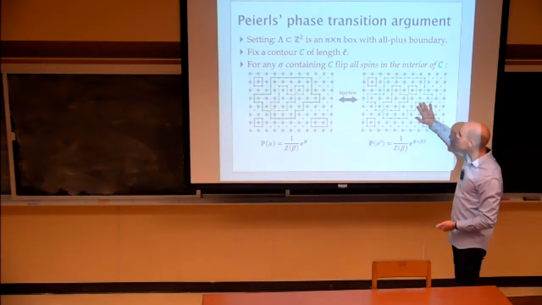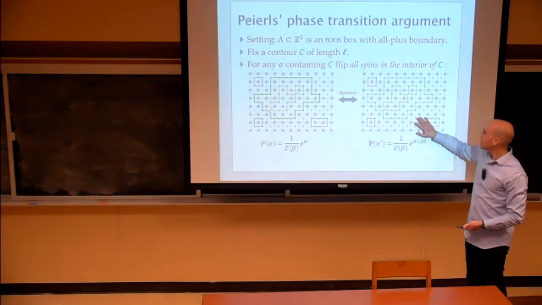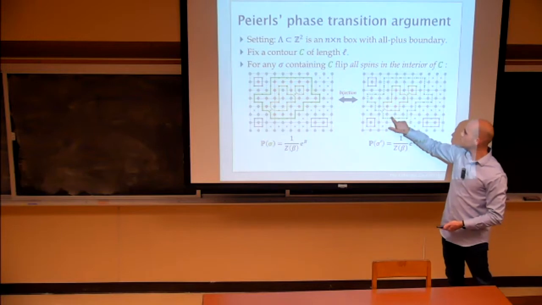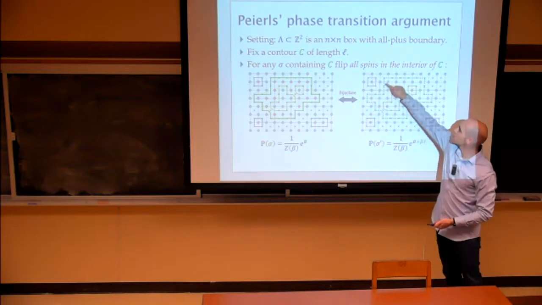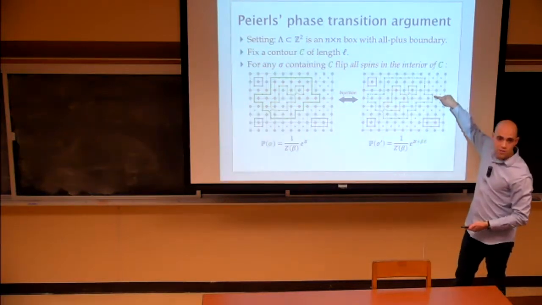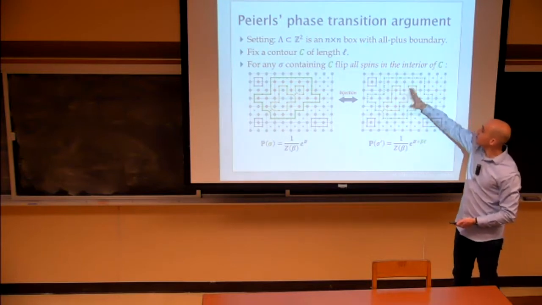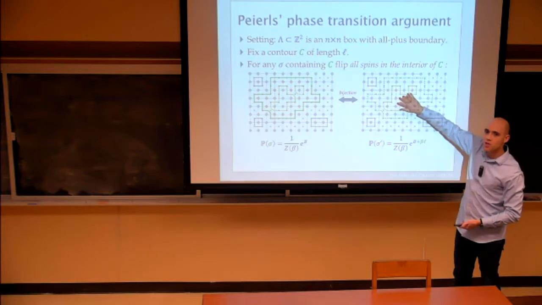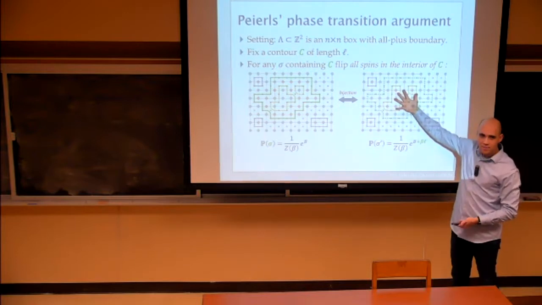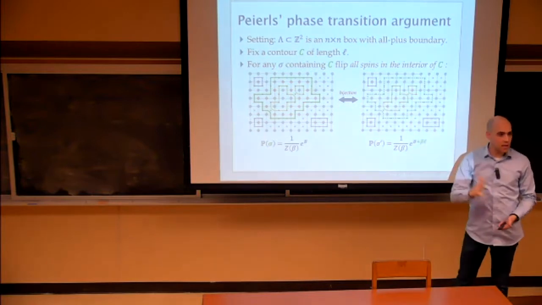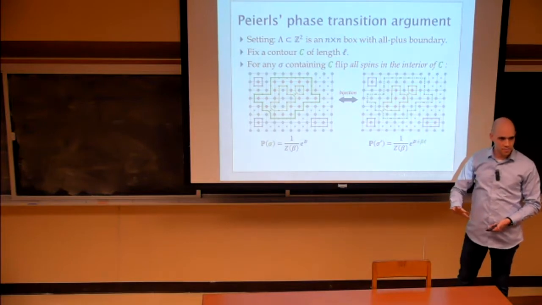Now, as soon as I made the flip, I destroyed the disagreements along the boundary of the contour C, because I made them all blue. Inside, I did not change the number of disagreements because I flipped everything, so a disagreement and an agreement both stayed the same.